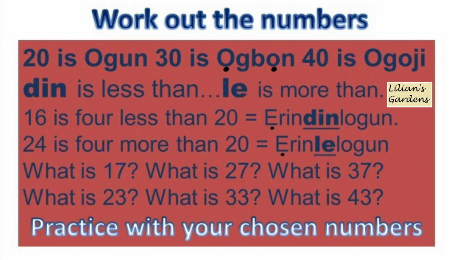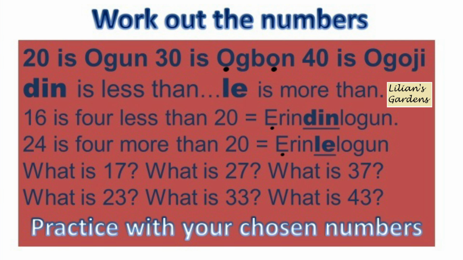Tester. 20 is Ogun, 30 is Ogbon, 40 is Ogoji, D is less than, Le is more than. 16 is 4 less than 20. So what is that? Ẹ̀rìndínlógún. 24 is 4 more than 20. That is ẹ̀rìnlélógún.